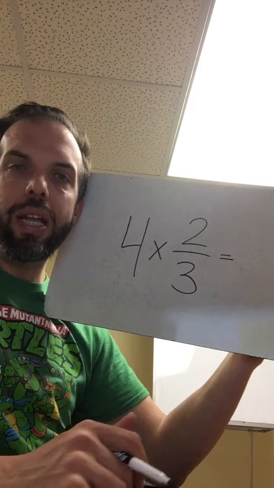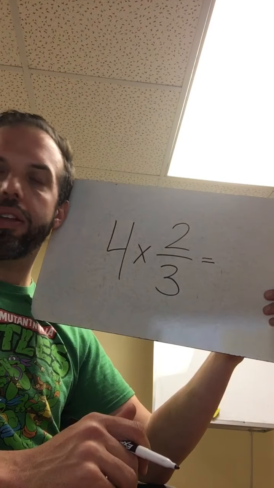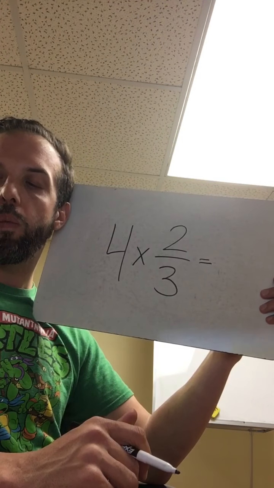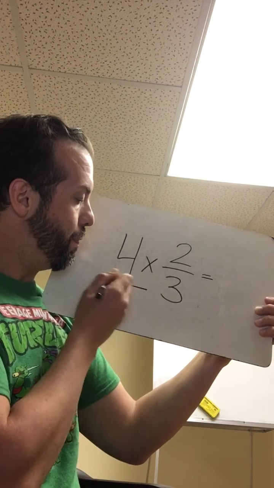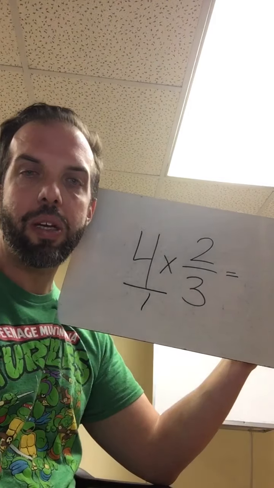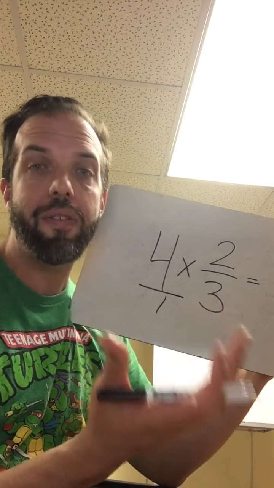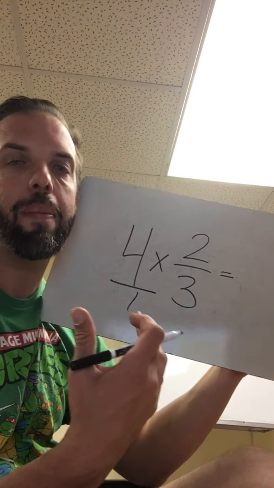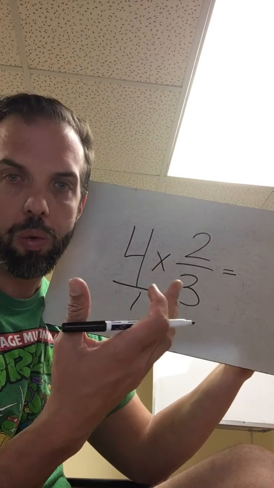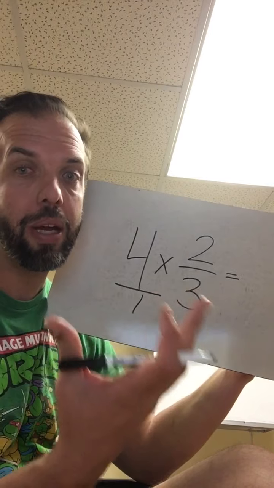Now, what it says in your notes, the step number 1, it says pop in a denominator of 1 under the whole number. Now, I'm not a super big fan of this because, in my opinion, I feel like when you go to 5th grade, if you start doing this, it's going to set you up for bad habits. But I'll show you the way I like you to do it, so that way you don't get into that habit.